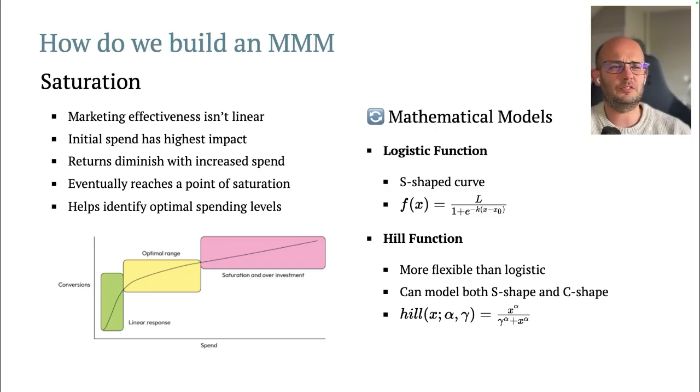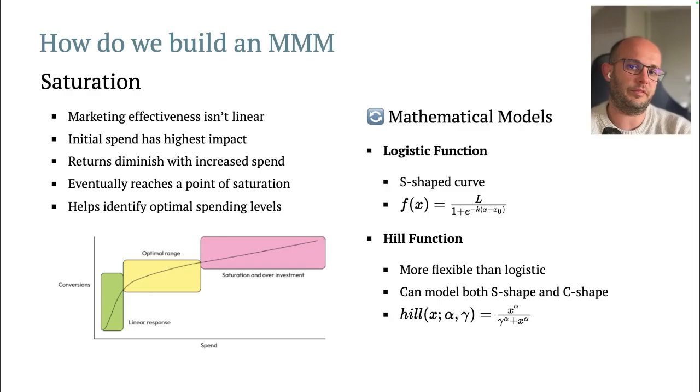A good example of this is paid search, where if you're at 20% impression share, then an increase in the budget will get you far. But if you're at 99% impression share, i.e., you're getting 99% of the impressions you are qualified for, then spending more will not get you one for one.